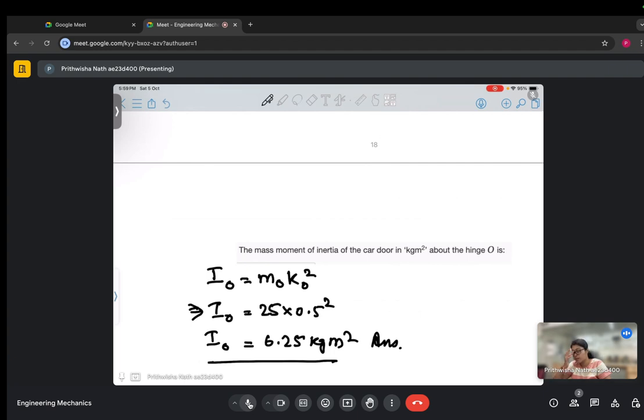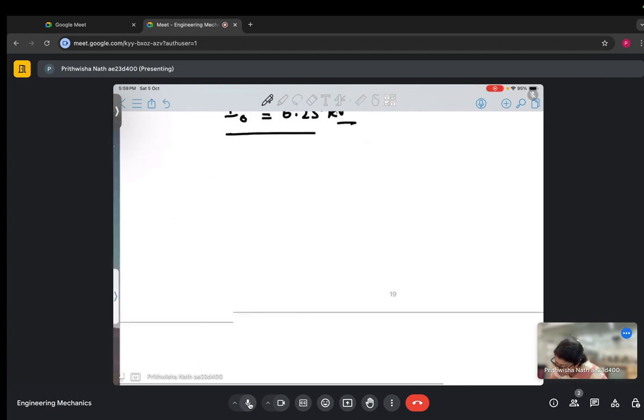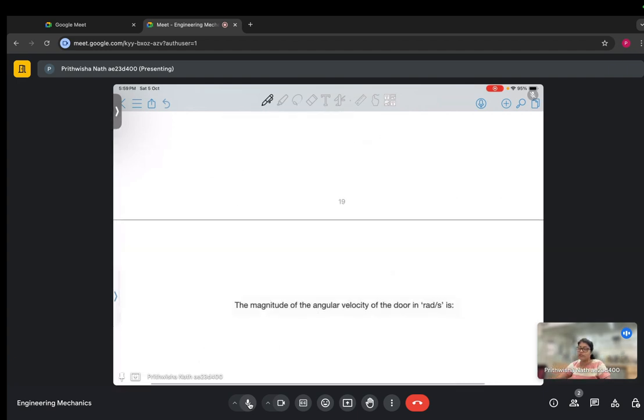Now moving on to the next part of the problem. The magnitude of the angular velocity of the door in radian per second.